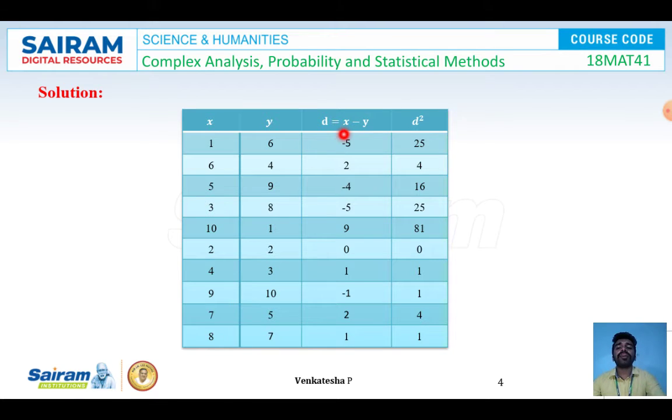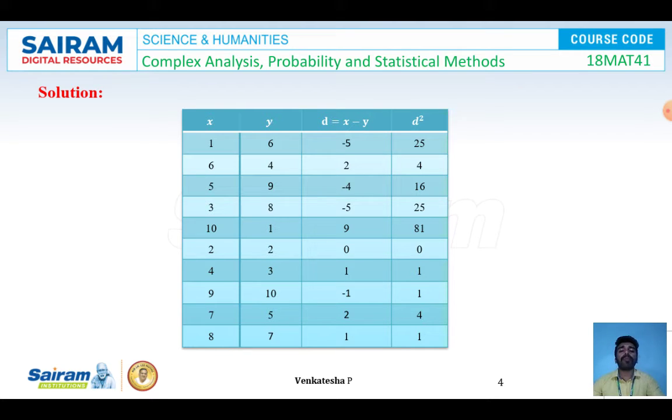So subtracting these two, I got minus 5. Next one is 2, minus 4, minus 5, 9, 0, 1, minus 1, 2, 1. So now I am going to find the difference square. Squaring all the differences, I got 25, 4, 16, 25, 81, 0, 1, 1, 4, 1.